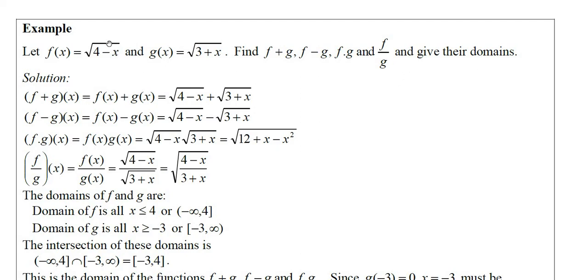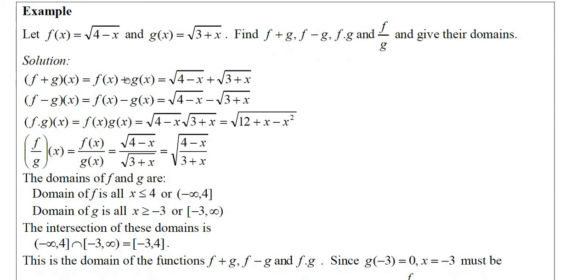What I always do when they give me functions like that is start by finding the domain of each of them, because I know they're going to ask me the domain. Now remember, for the domain in a surd, the inside cannot be negative. So in other words, 4 minus x should be greater than or equal to 0. Maybe I'm going to put this on Jamboard quickly, and then we can discuss it there.